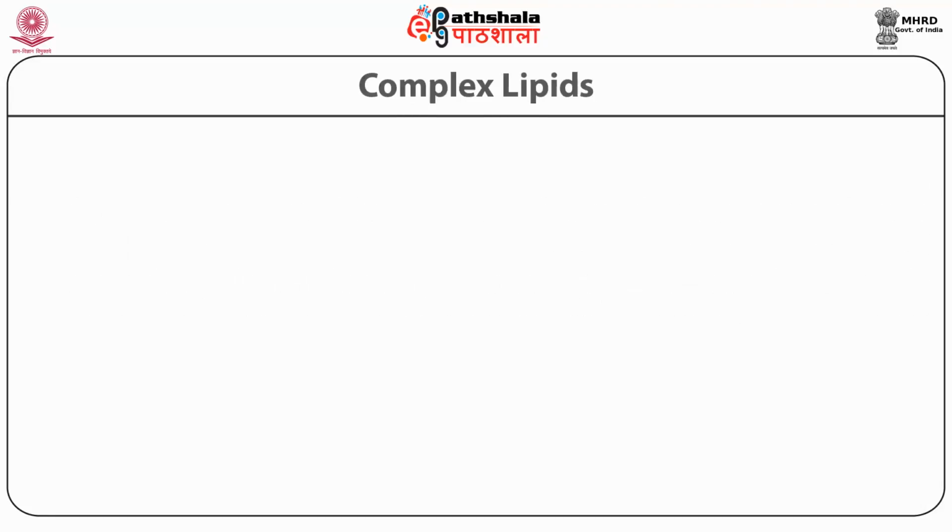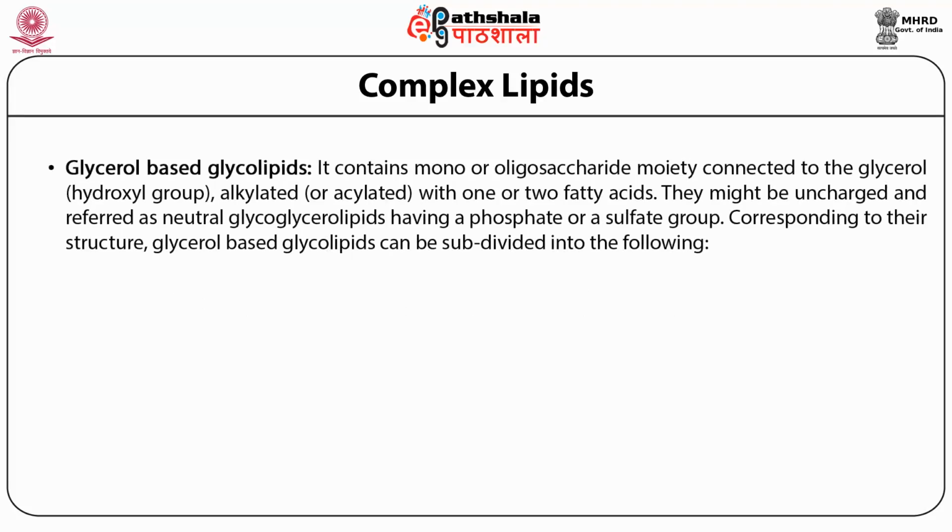The first glycolipid category is glycerol-based glycolipids. The glycerol-based glycolipids contain a mono or oligosaccharide moiety connected to the glycerol hydroxyl group, alkylated or acylated with one or two fatty acids.